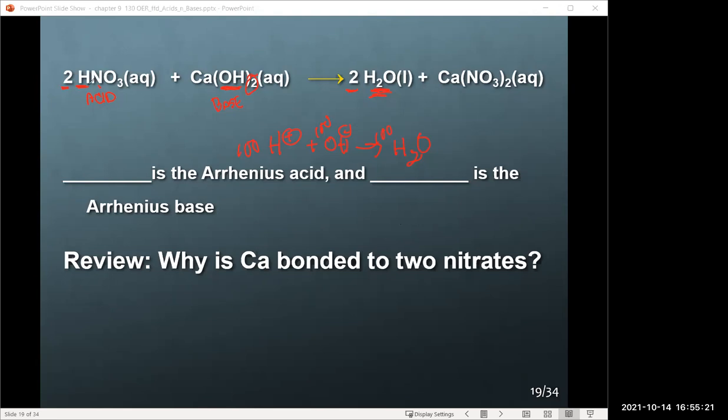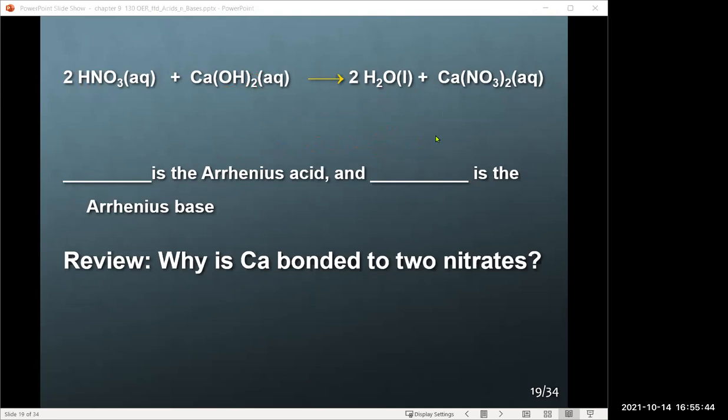So you think about this balance. I have 2 hydrogens total here, 2 hydrogens total here, for instance. I have 4 hydrogens on the reactant side. On the product side, I have 4 hydrogens in the form of water. Those are balanced. We have not violated the law of conservation of matter.